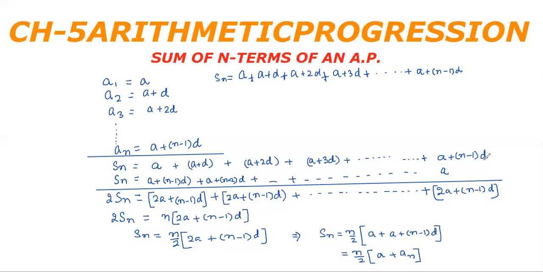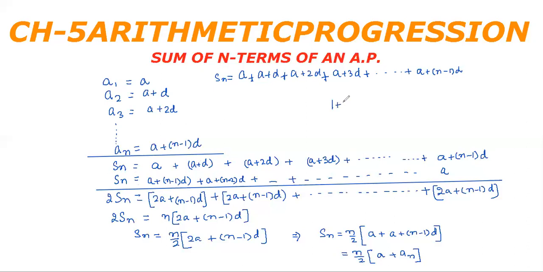So what will we do to get a formula to simplify this job of adding the terms of an AP? Let us write this Sn in reverse order also. If I write it in reverse order, the sum doesn't make any difference.